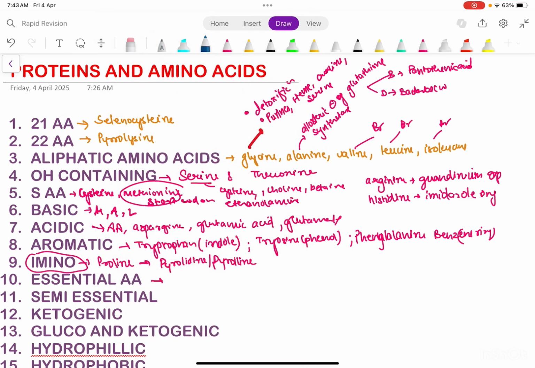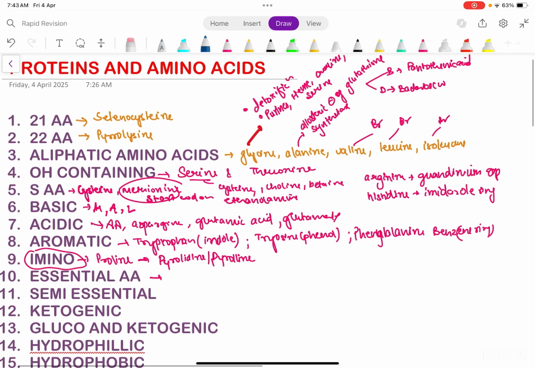Then coming on to essential amino acids. To remember the essential amino acids, there are a number of tricks, but you can use them. First let me just write all of them, then I'll tell the trick.